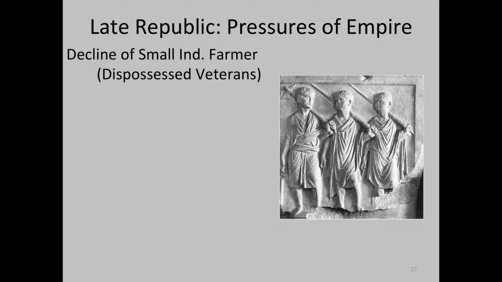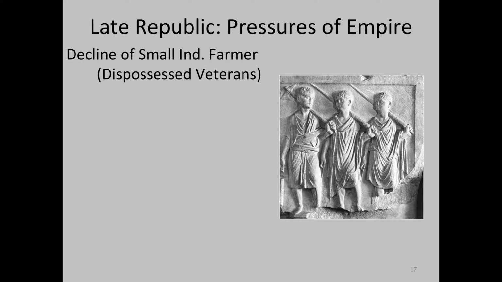The army, which was always levied before, was ad hoc, not permanent or professional. The army now became quasi-permanent, and by the end of the Punic Wars, it's about 50,000 men.